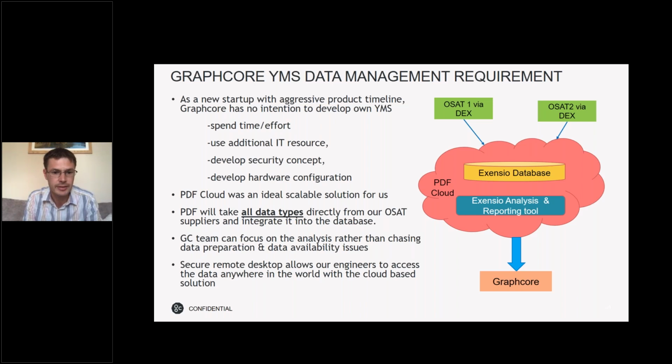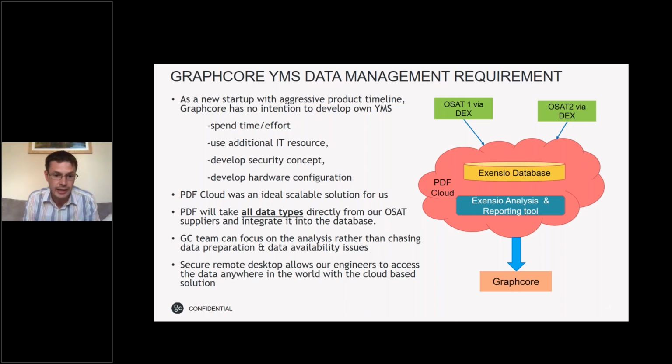As a very young startup with limited resource, we did not have the desire or really the bandwidth to develop our own in-house yield management system, or to create our own database with all the database management, IT security, hardware, and resourcing configuration that goes with it. So this was a reason why Exensio and the PDF cloud solution was so interesting to us.